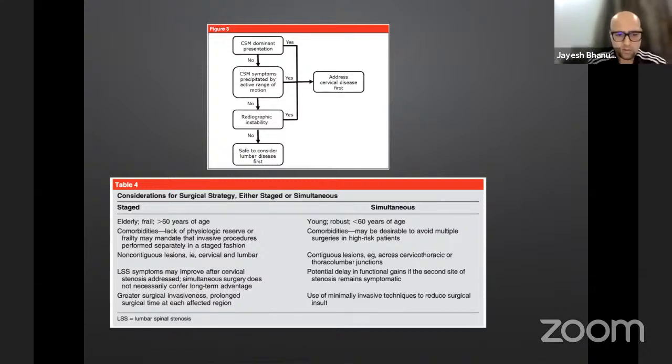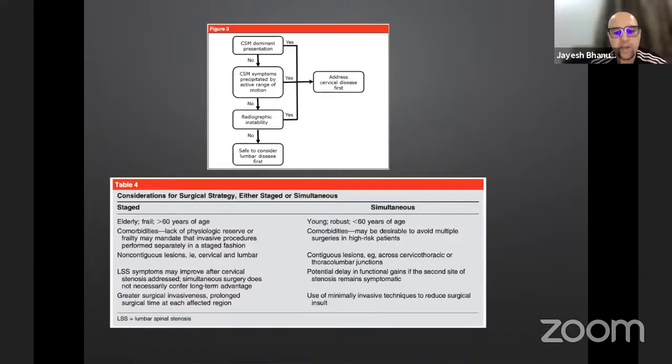In table 4, we can see when to do a staged or a simultaneous procedure. The author has mentioned that if the patient is elderly or frail, with age more than 60 and comorbidities, then it's better to stage it, according to whichever symptoms are predominant.